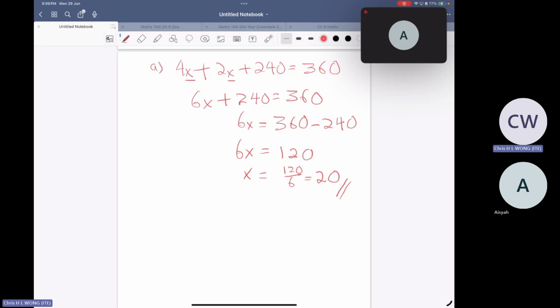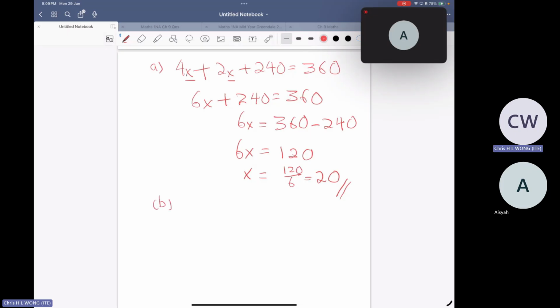All you need to do is to find out how many degrees is the apple juice. Apple juice is 4x. What is x? x is 20. 4 times 20, right? So you put B.